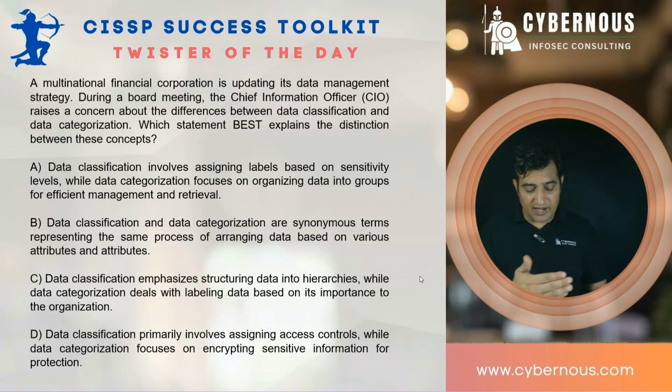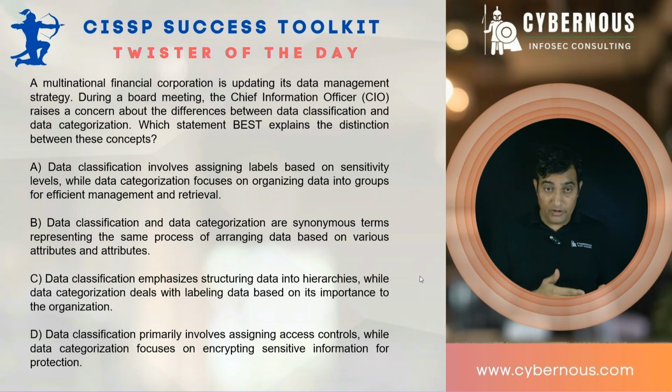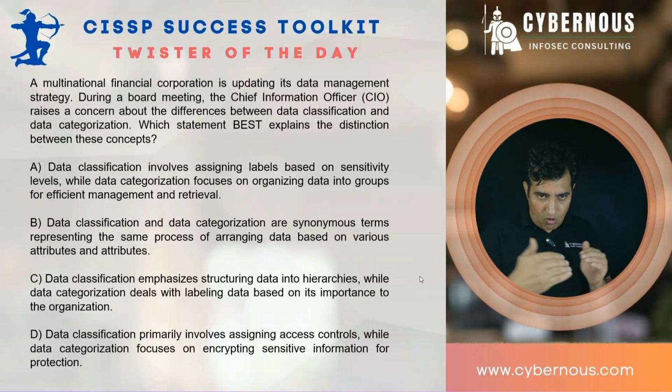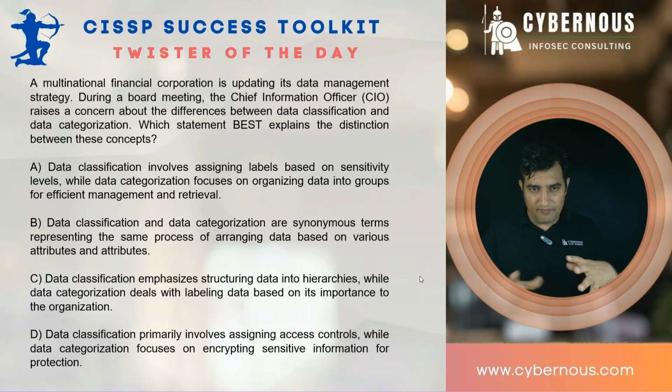So once we classify data based on the value, then we also see what the category of this particular data is. It is related to healthcare, intellectual property, employee information and all of that. Based on that, in a horizontal way, we see all different data sets, and we make a kind of logical grouping of this data.